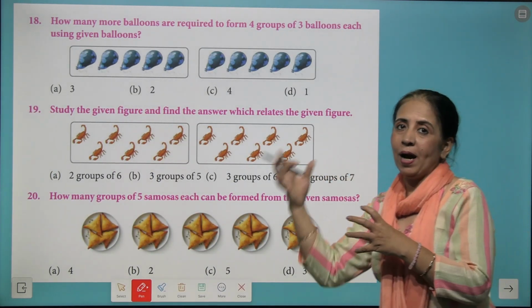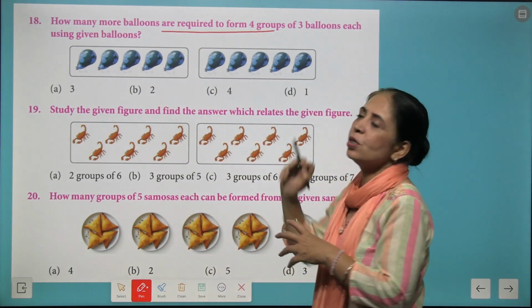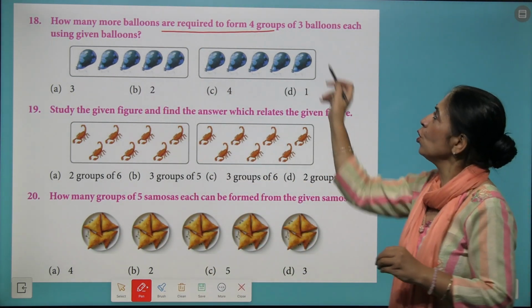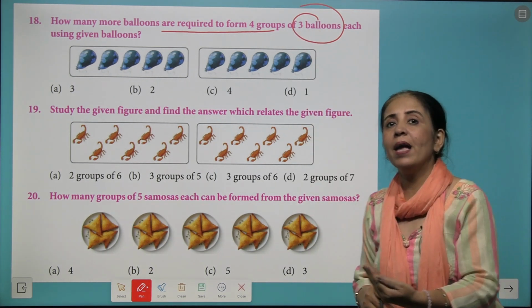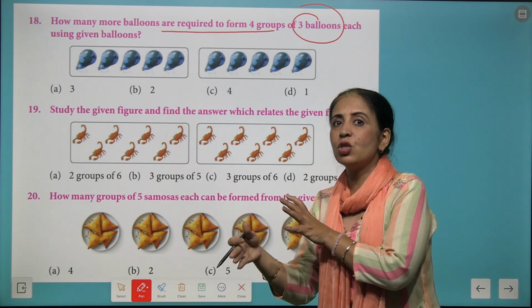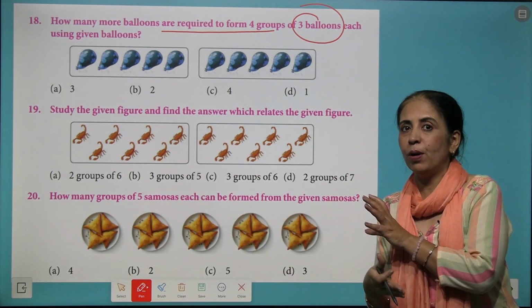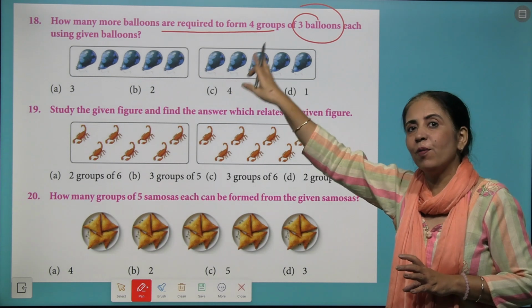Moving further, you have little more advanced questions, like here you are going to make 4 groups of 3 balloons and the question is how many more balloons are required. So first you need to check that 4 groups of 3 balloons makes 12 balloons and how many balloons are already given.